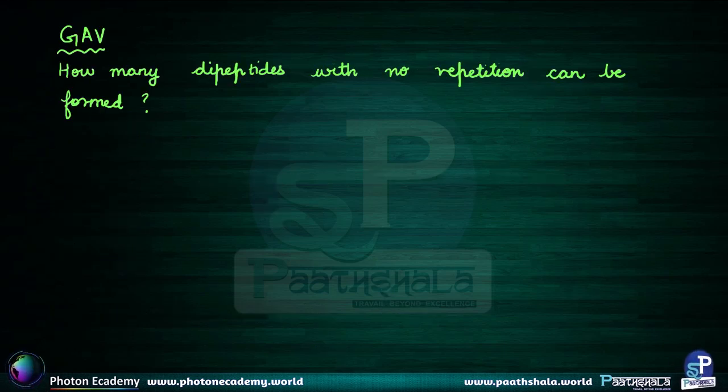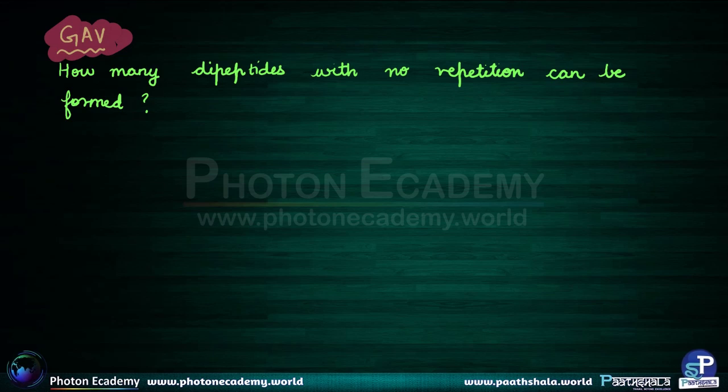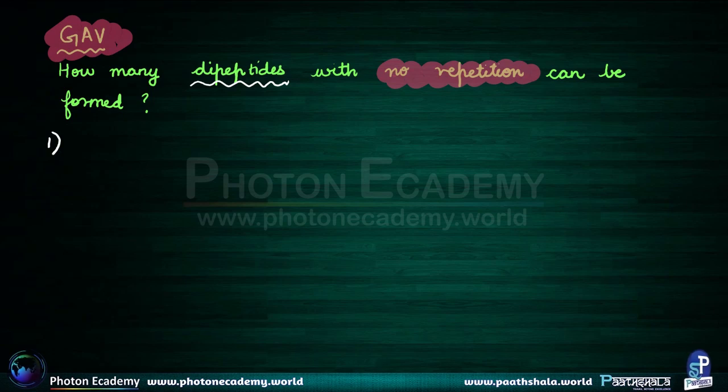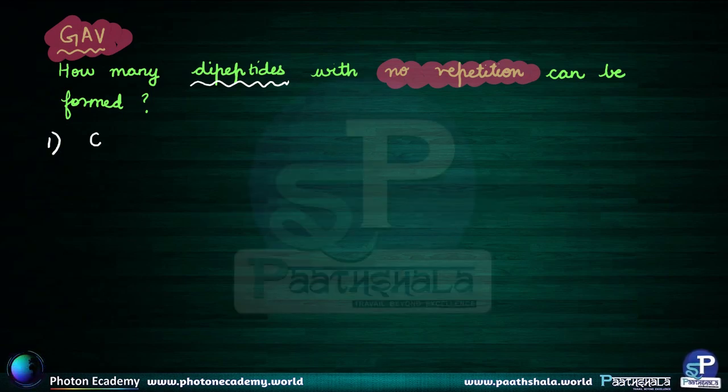If we see the next question over here, we've been given three monomers, that is glycine, alanine, and valine, and we have to form dipeptides with them, but there should be no repetition. So no repetition is allowed. Therefore, we cannot have two of the same type. So when this is the condition, we can have GA, then we can have AV, and if we are writing GA, then we can write just the opposite, AG.